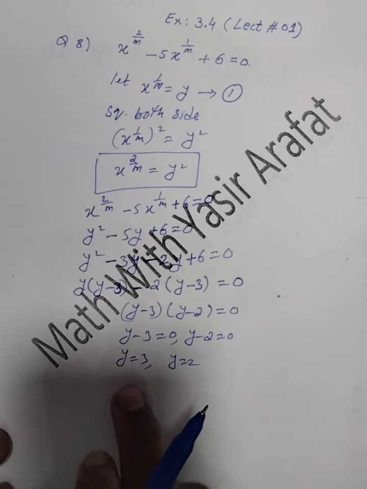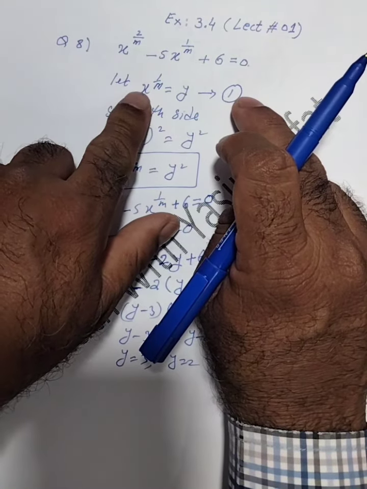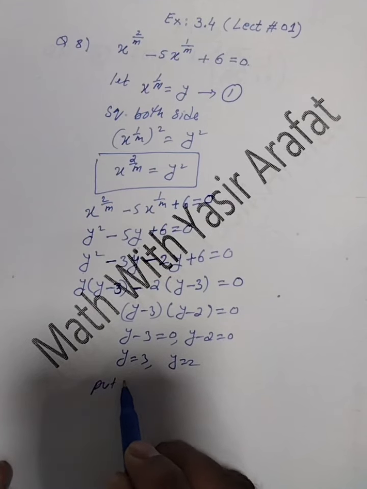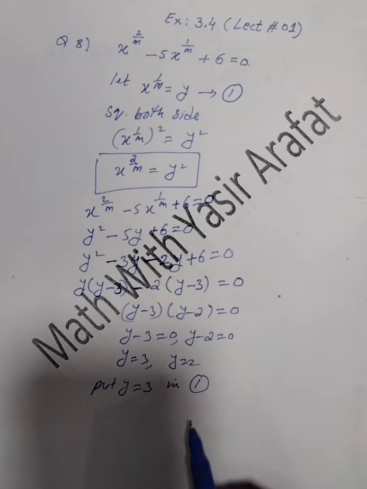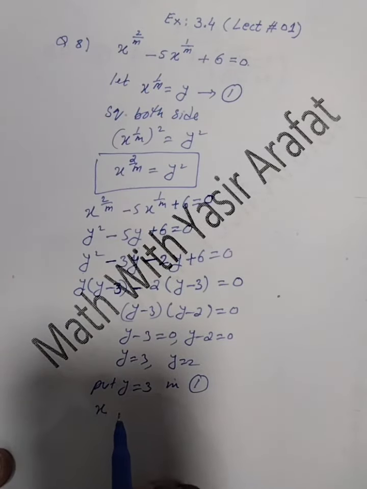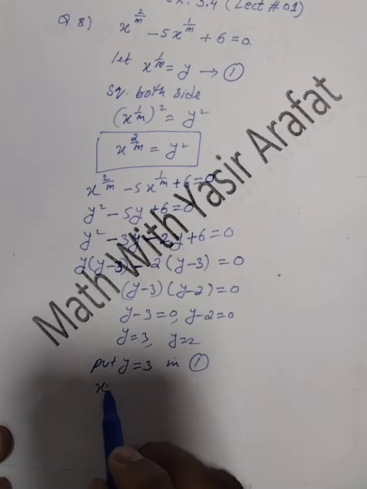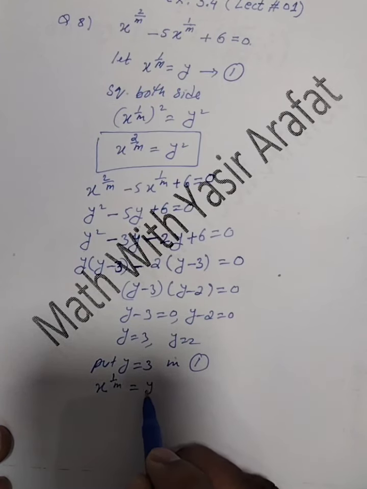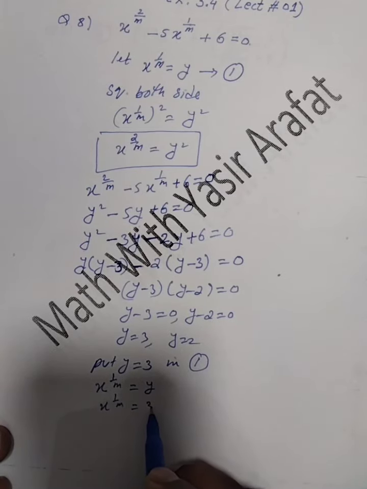Now we have to put one by one these values in equation number 1 to find out the value of x here. So one by one we have to put this one. So y is equals to 3 in equation number 1, and the equation number 1 is x power 1 upon m, it is equals to y, and x power 1 upon m, it is equals to 3.